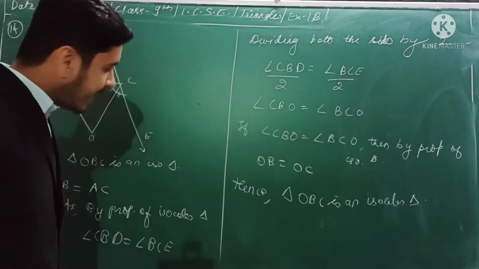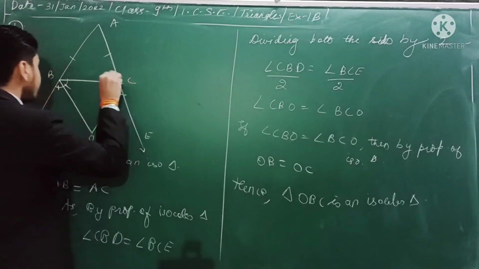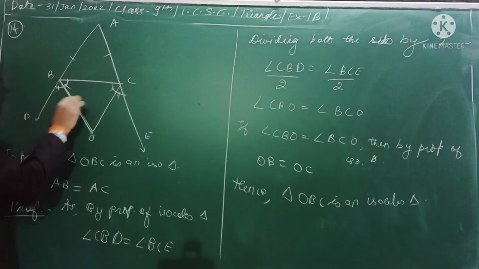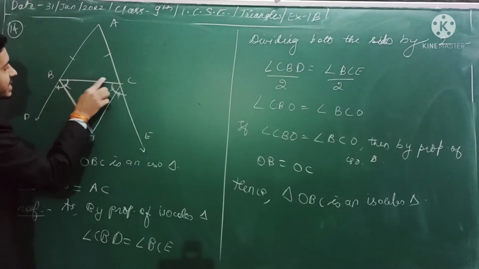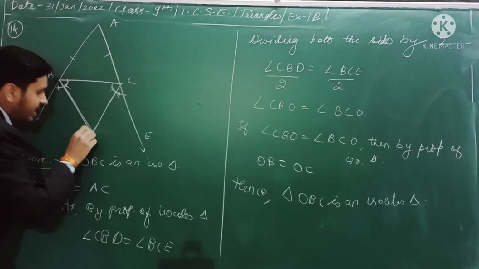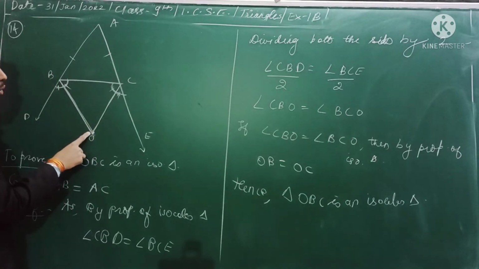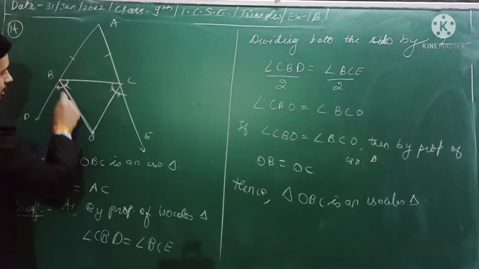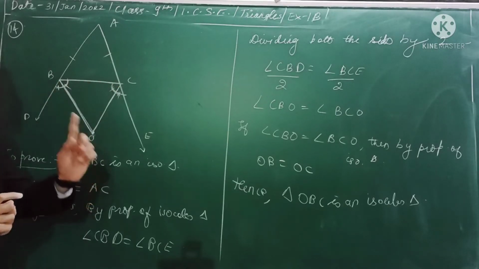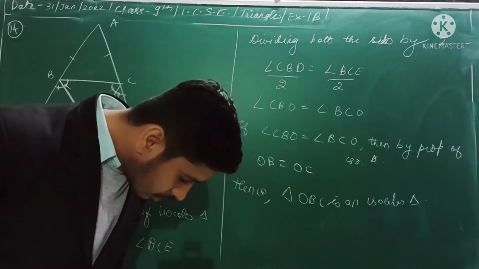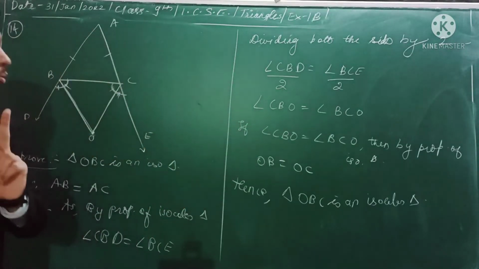The bisector of the angle CBD, that means we need to draw a line like this, and the bisector of angle BCE, that means this line, they both meet at a point O. So you have to prove that this triangle is an isosceles triangle, because they are saying prove that OBC has two equal sides.